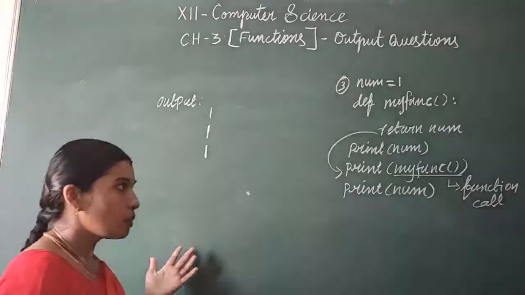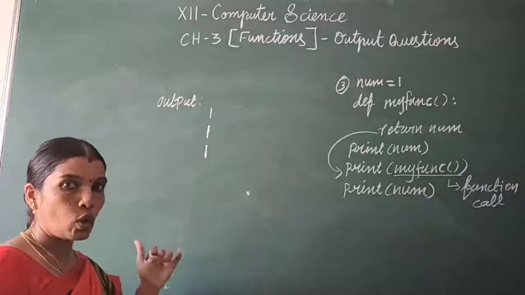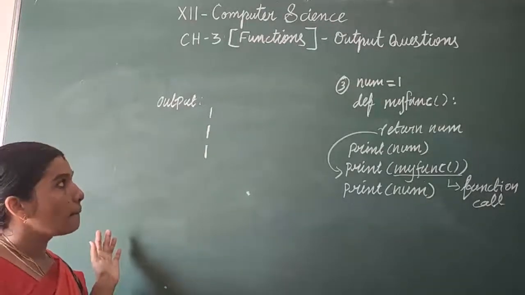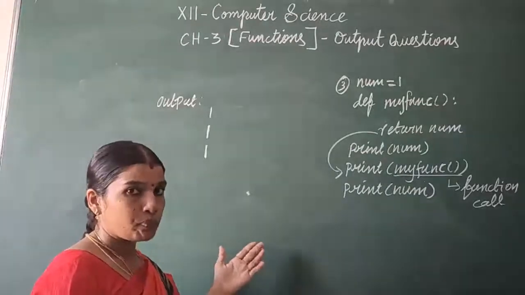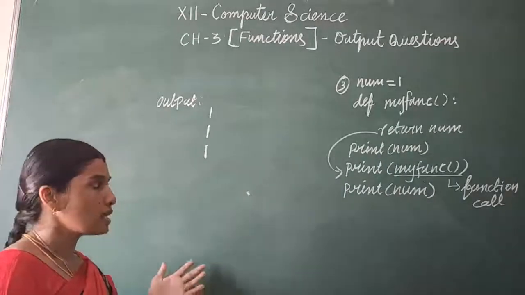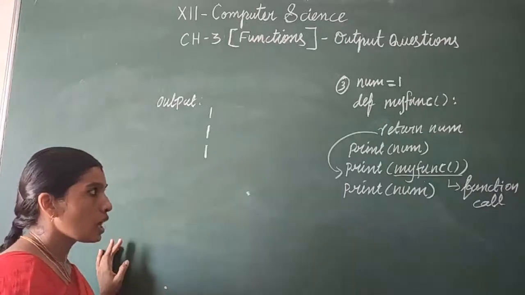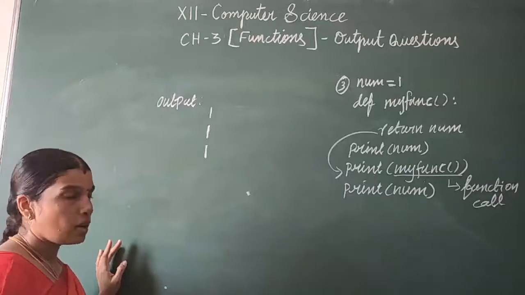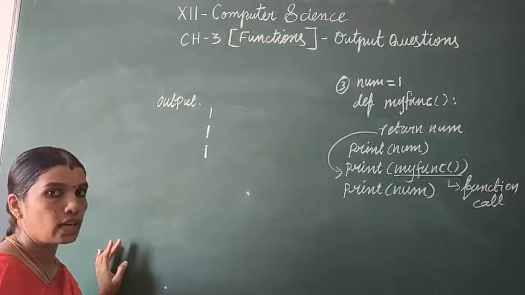The global variable means it is alive throughout. We can use this global variable throughout the program. That is, it will be alive until the program is alive. That means when the program execution finishes, automatically the global variable value also gets over.